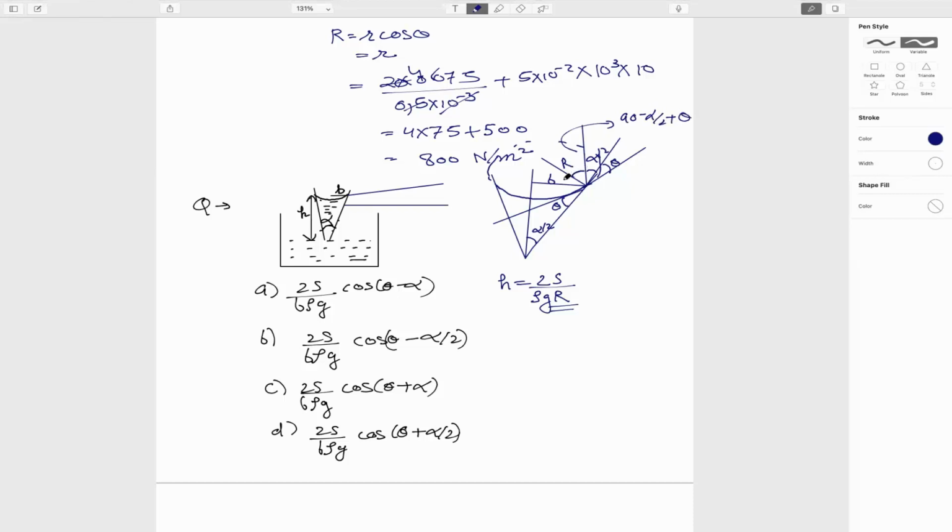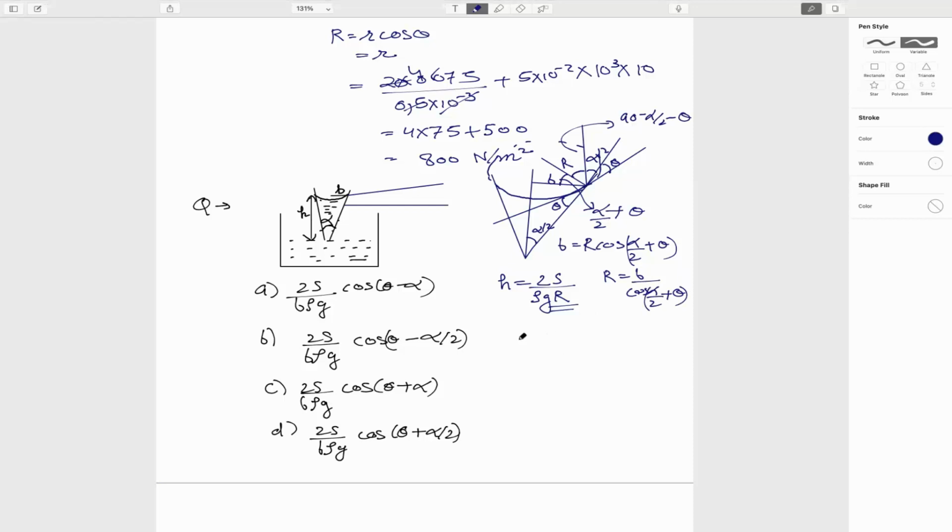Again, this angle is 90 degrees, so this angle comes out to be alpha by 2 plus theta. So cos, so B is equal to R cos of alpha by 2 plus theta. So R comes out to be B by cos of alpha by 2 plus theta.